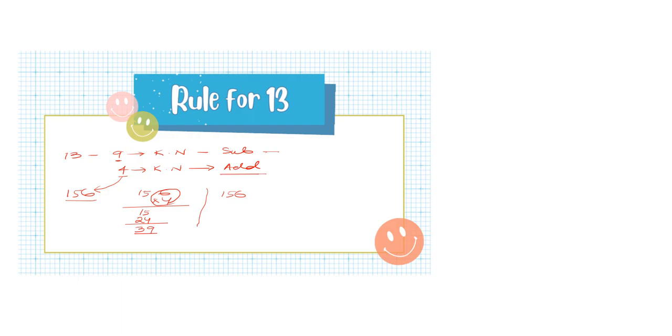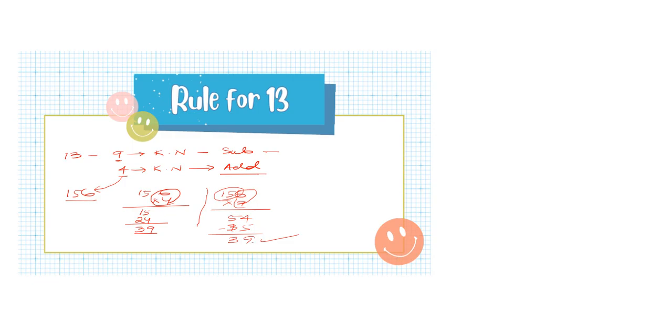Multiply 9 at its ones place. 6 into 9 is how much? 54. Now I have to subtract. 15 is smaller than 54, so 54 minus 15, how much is it? 39. Now tell me, 39 is divisible by 13 or not? If 39 is divisible by 13, then 156 is also divisible by 13.